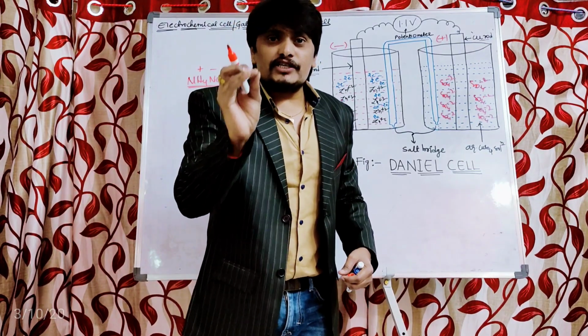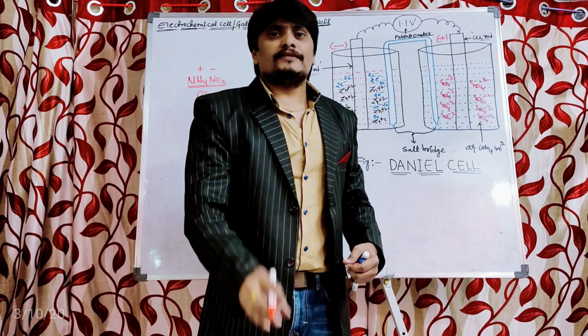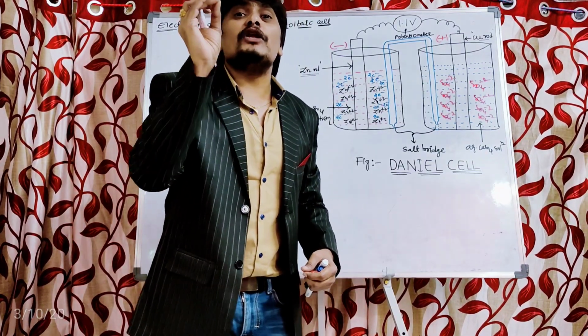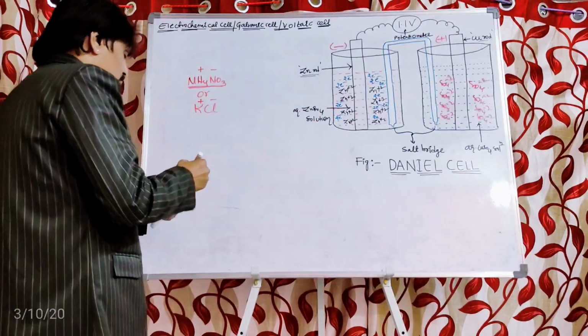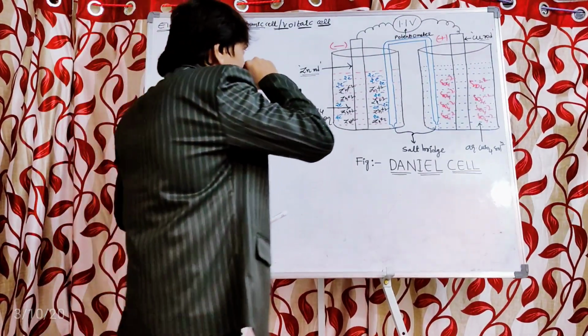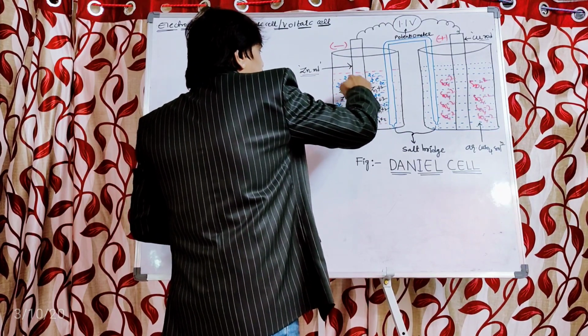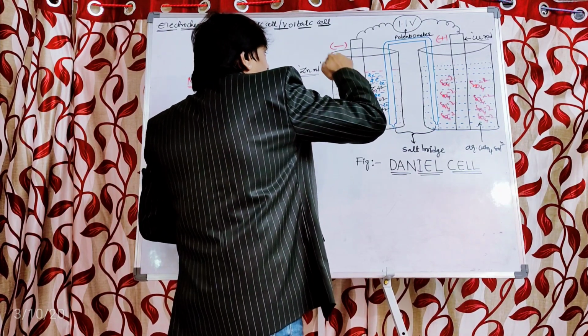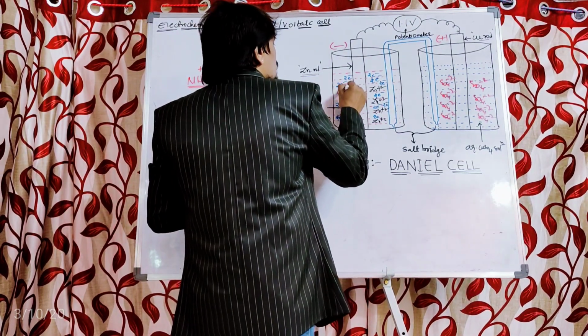Its function is to maintain the electrical neutrality. What do you mean by electrical neutrality? See what is happening. Whenever the zinc rod is continuously or spontaneously undergoing the oxidation reaction, it is producing Zn+2 ions.